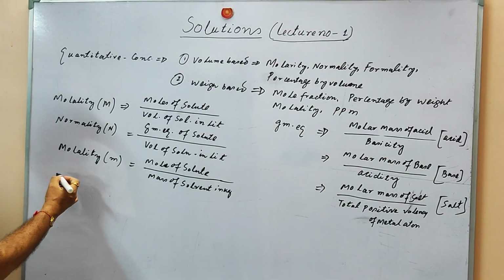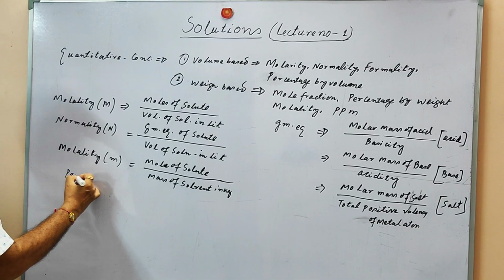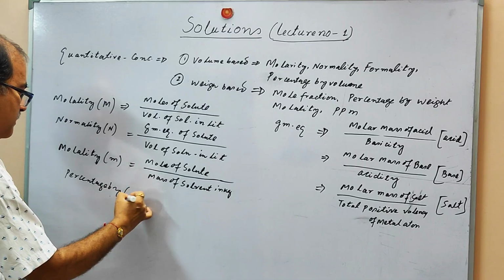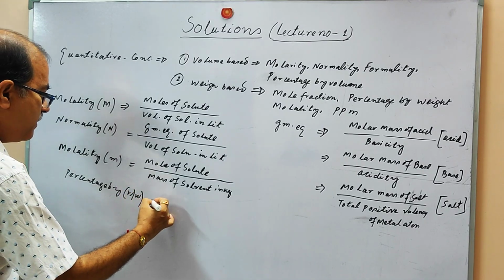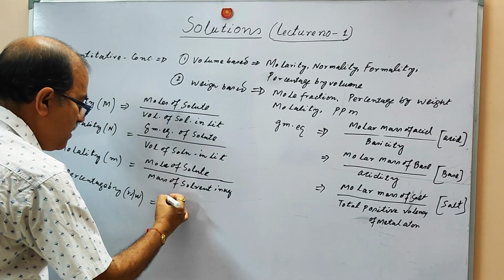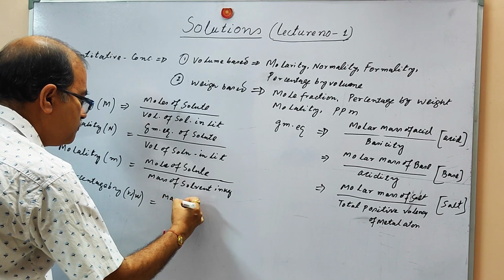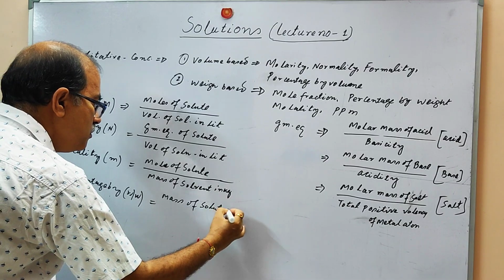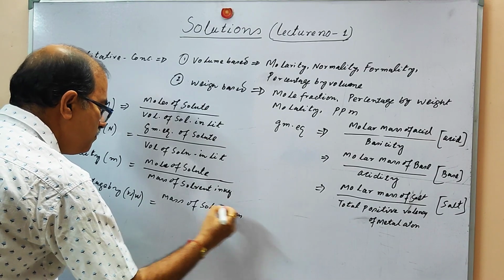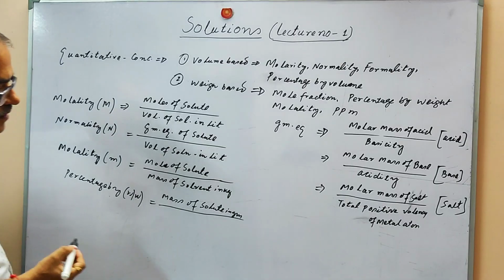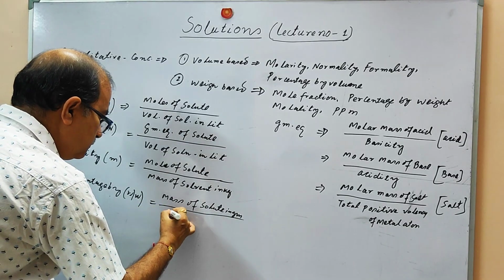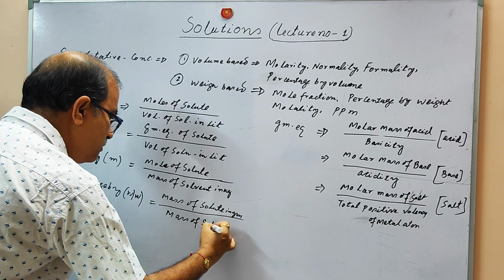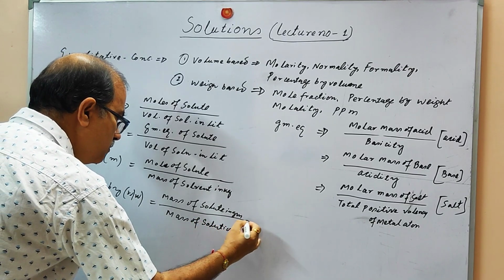Next we are going to discuss the percentage by mass, expressed as W by W. It is the mass of solute in gram divided by mass of solution, into 100.